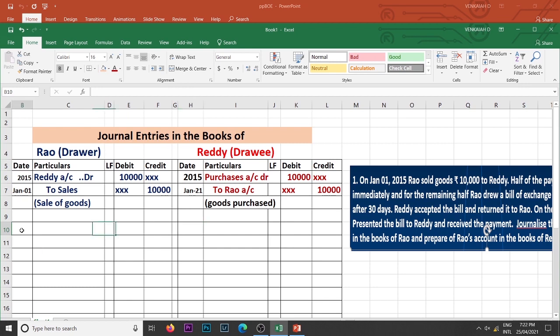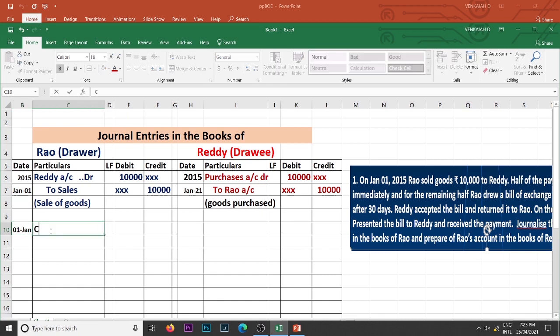Next, on the same date, 1st January, money was received by Rao.